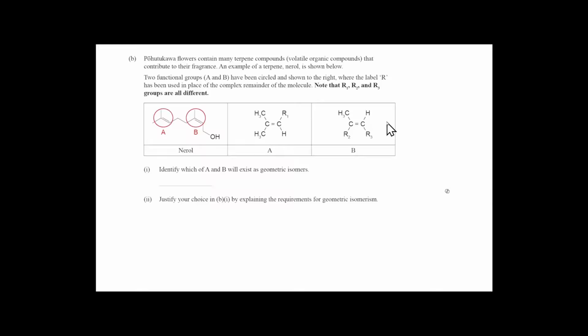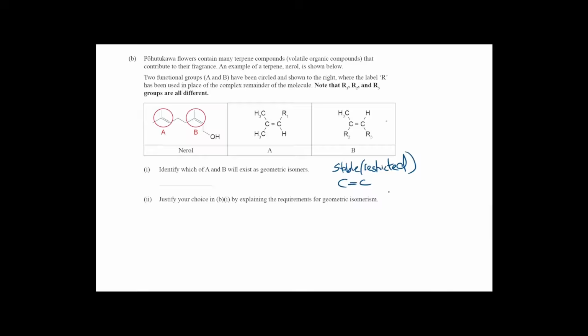Okay, which one can be a geometric isomer? Well, A cannot be. So in order for this to be able to be a geometric isomer, it has to be a stable or restricted, really restricted is a better word for it, formation. And there is this carbon double bond, so we can't have this thing migrating over to this side or this thing migrating over to here.